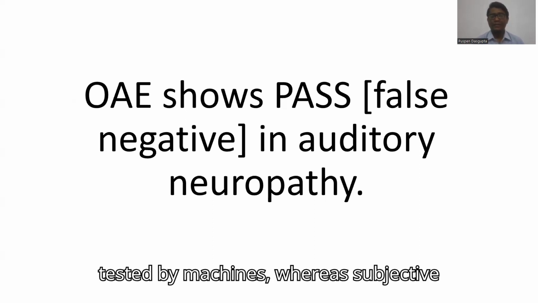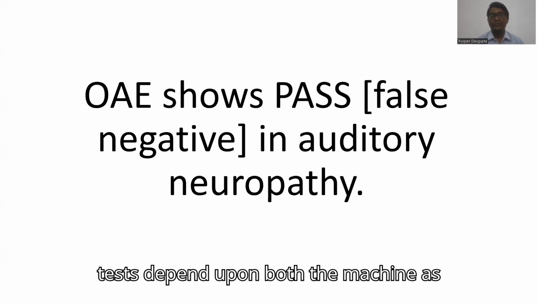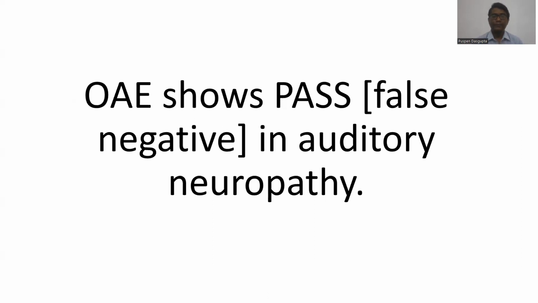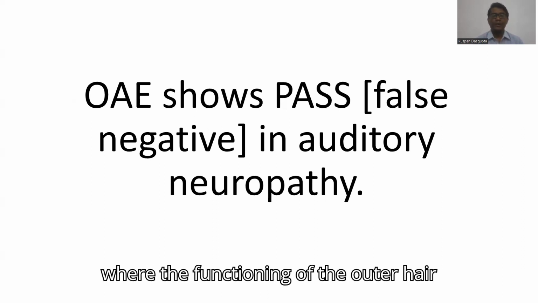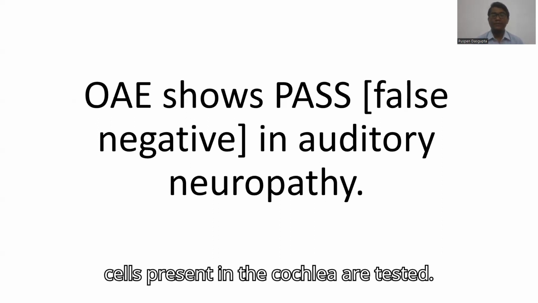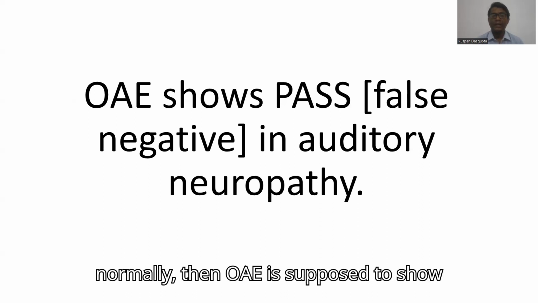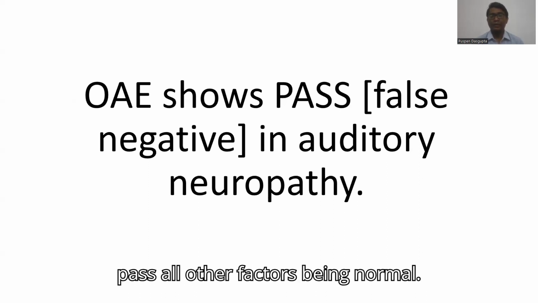Objective tests are tested by machines, whereas subjective tests depend upon both the machine as well as the response of the patient. So OAE is an objective test where the functioning of the outer hair cells present in the cochlea is tested. If the outer hair cells are functioning normally, then OAE is supposed to show pass, all other factors being normal.